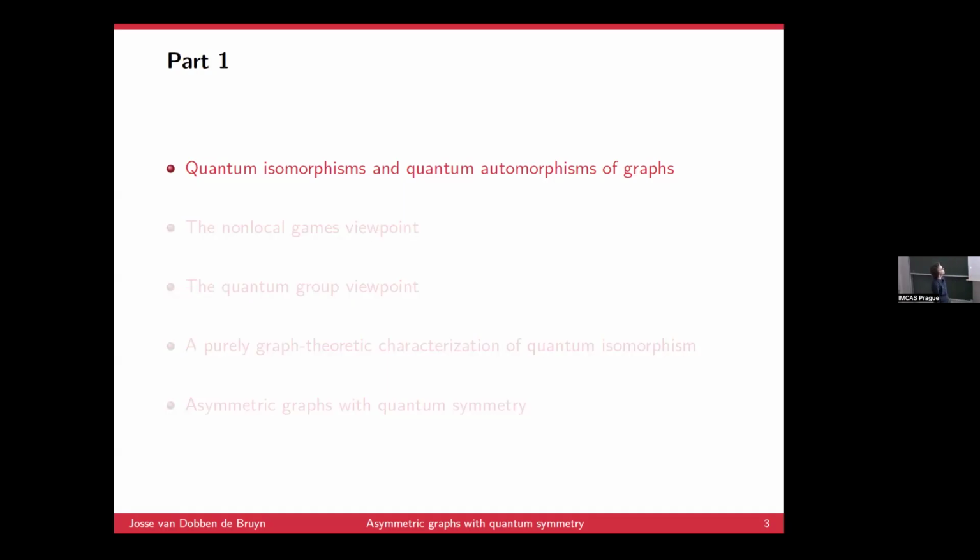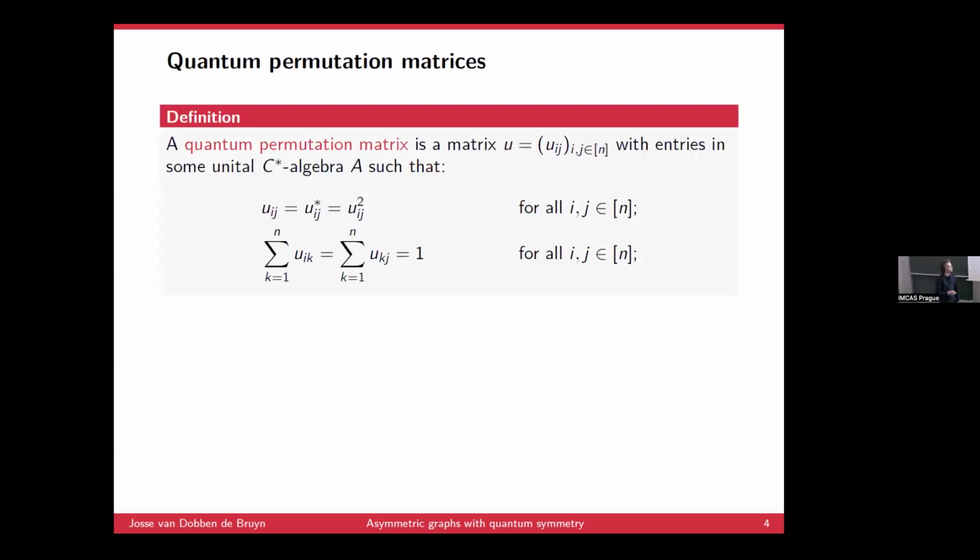Right. So first, quantum isomorphisms, quantum automorphisms. We define a quantum permutation matrix as a matrix with entries in a C-star algebra such that the rows and columns sum up to 1 and all the entries are projections.